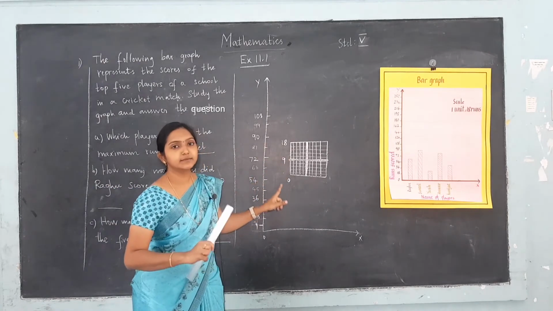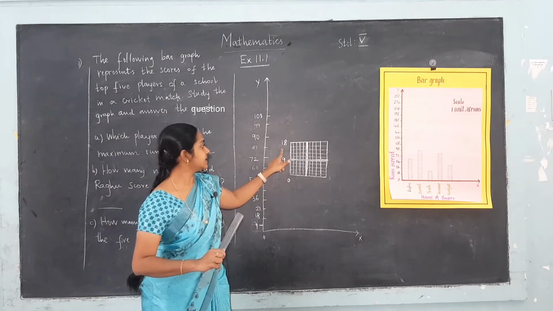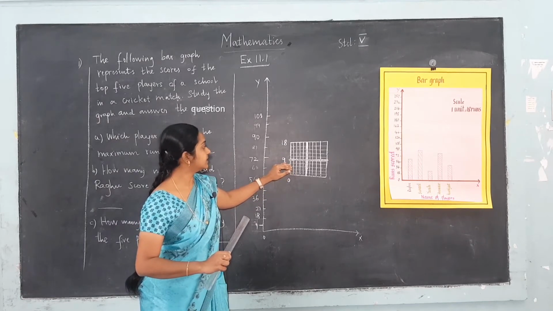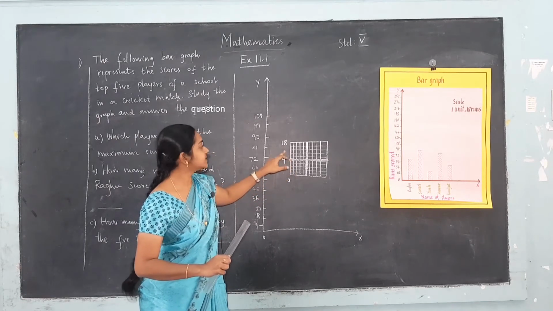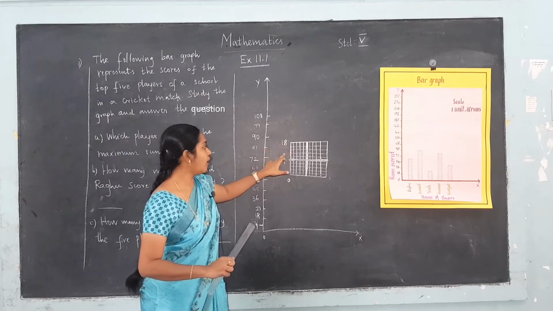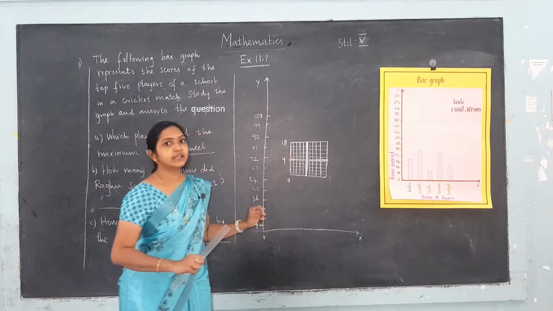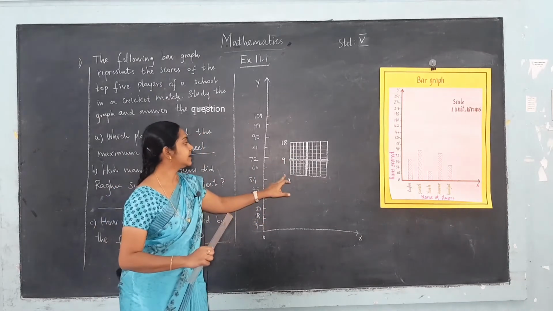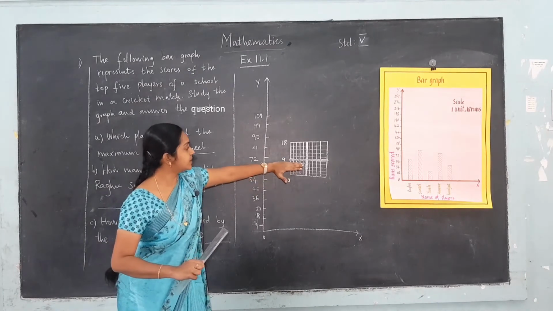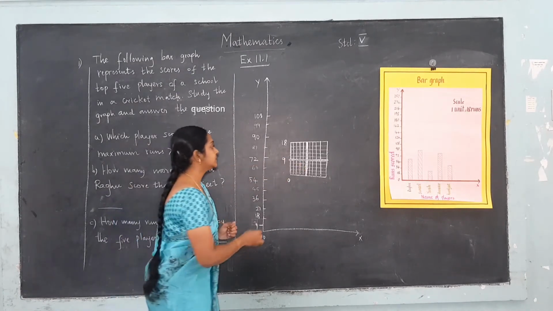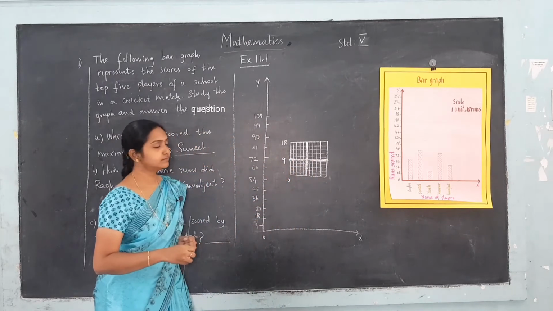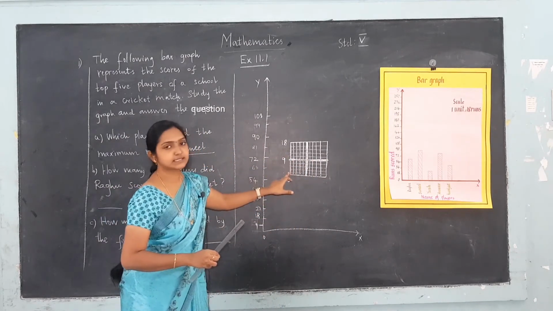The number in between 0 and 18 is 9. The numbers greater than 9 will lie here, that is 10, 11, 12, 13, 14, 15, 16, 17. All these numbers will lie here. The numbers less than 9, that is 1, 2, 3, 4, 5, 6, 7, 8, will lie here. So the middle represents 9 in the graph.